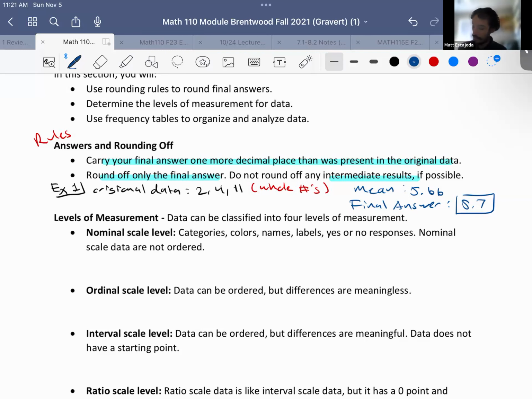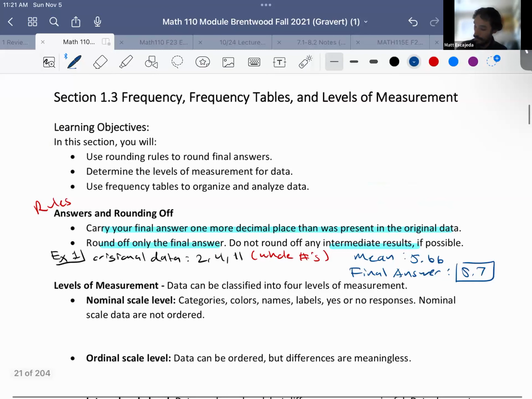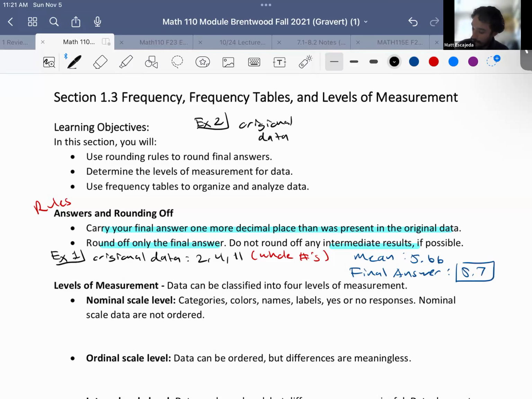Okay, so let's look at another example. Let's try another example with a different type of original data. So say your original data is something like 4.7, 3.2, and 6.3. So it's in the tenths place.